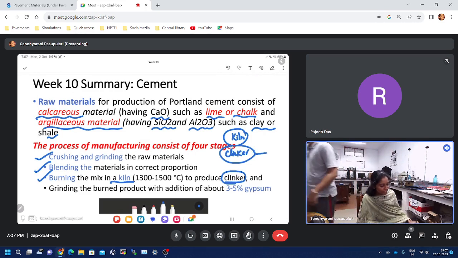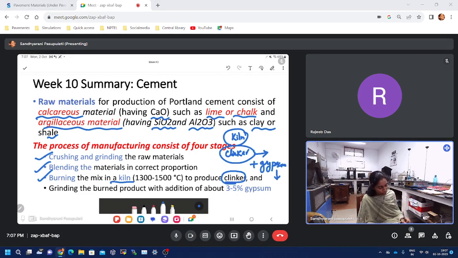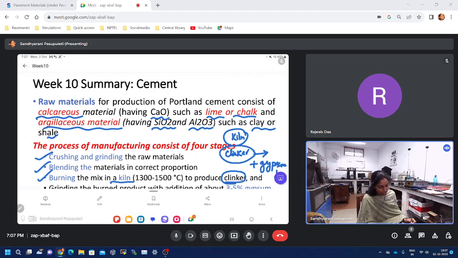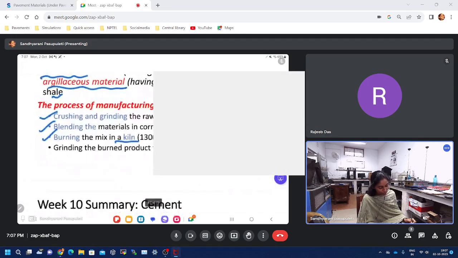This cannot be directly used. This can be added with the gypsum. The purpose of adding gypsum would be explained in the upcoming slides. If I don't add the gypsum, what are the corresponding consequences we would be facing when I use the cement with the water. The amount of gypsum that is suggested would be around 3 to 5%.